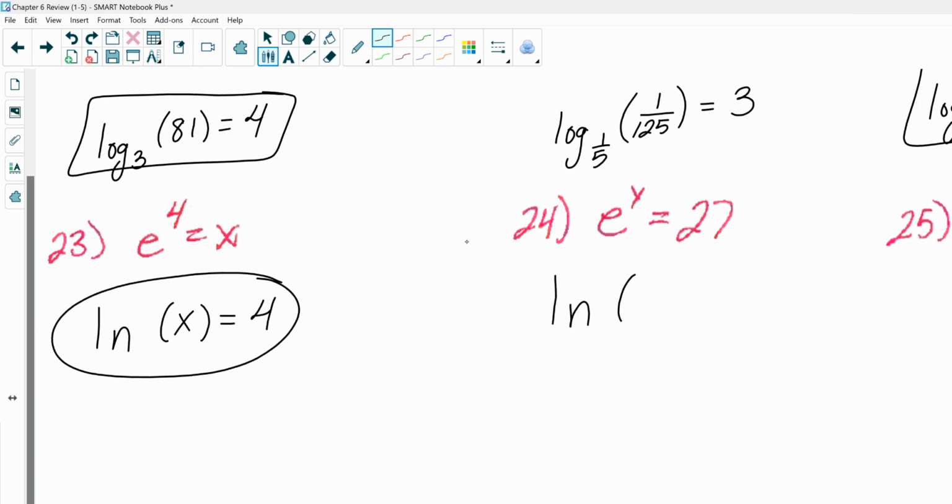Natural log of 27 equals y. And the last one, that one's kind of nice, because that's what we wrote at the beginning, yes? The natural log of y equals x if and only if e to the x is equal to y. Questions on this here?